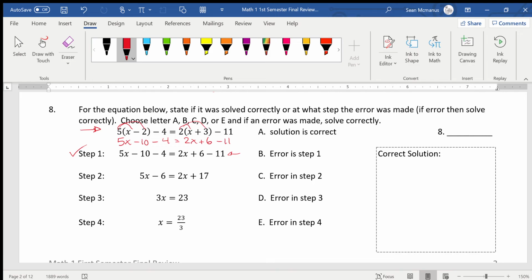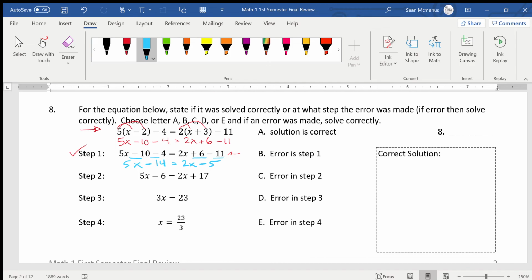All right, now I'm going to go ahead and combine like terms. So if I look here, I see I have constants there and there on the same side. So I'm going to go ahead and combine them. So I should end up with 5x minus 10 and minus 4 would be minus 14, plus 6 and minus 11, 6 minus 11 would be negative 5.